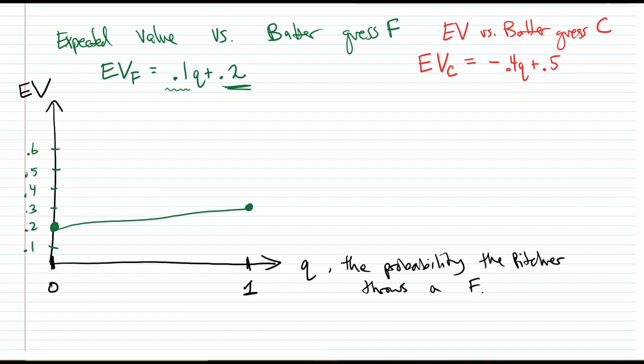What about the curveball? The curveball starts at 0.5 and will go down by 0.4. So by plugging q equals 1, I'll get 0.1. So the expected value against a curveball, as against them guessing a curveball, is given by that line. Here's EVC and EVF.